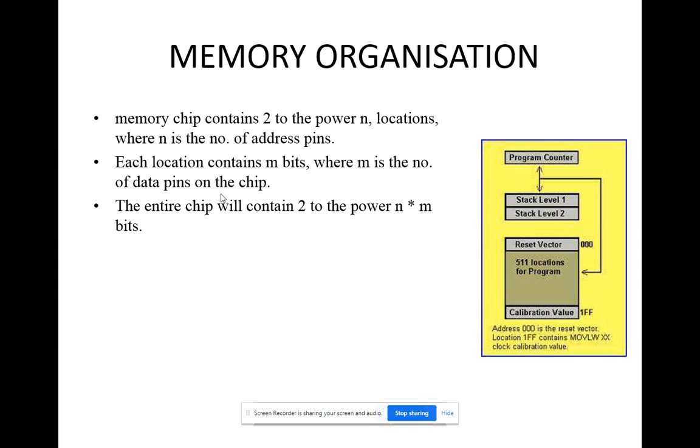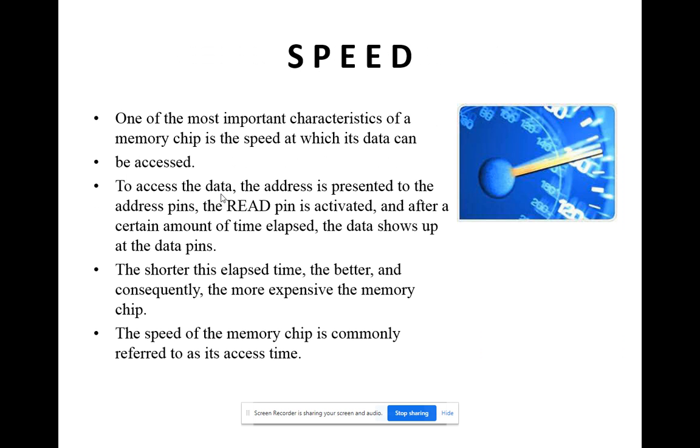The entire chip will contain 2 to the power n into m bits. So the size of the entire chip is n cross m. Now with 8 data lines and 16 address lines, it is 8 cross 16. In this manner, you will be determining the memory device, like 8 cross 16 RAM. This is how you say it.